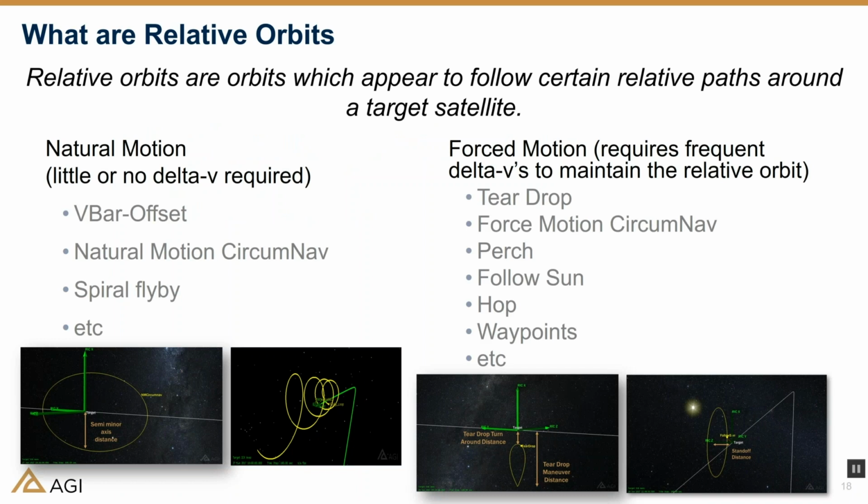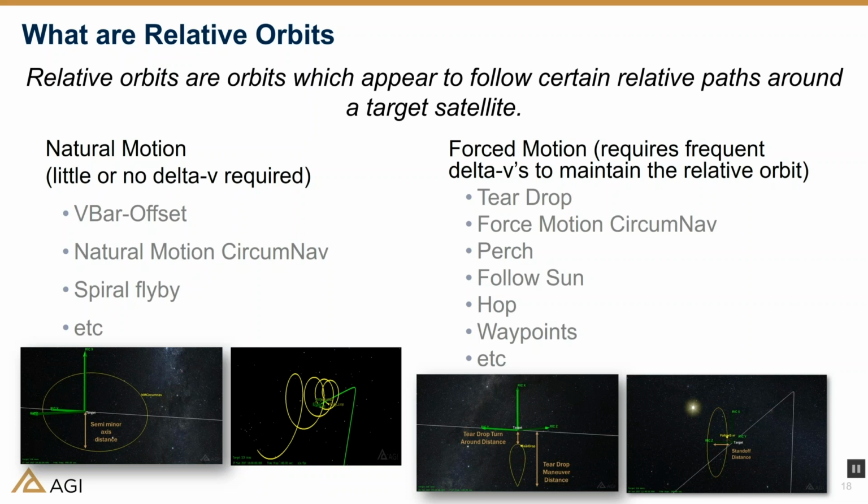So first, a quick discussion. What are relative orbits? Relative orbits, in my opinion, come in two flavors. There's natural motion, and then there's forced motion. Natural motion meaning if your force models are matched, your solar radiation pressure and or drag models are essentially consistent, and you're operating relatively close between the chase and the target vehicle, then natural motion is supported for sitting on the V-bar or in the in-track direction.